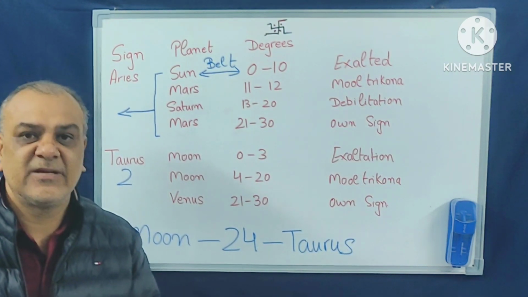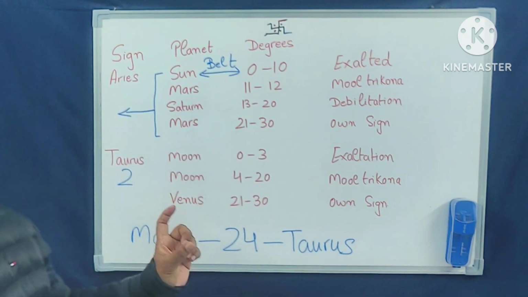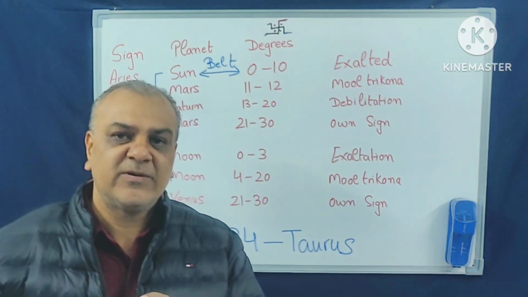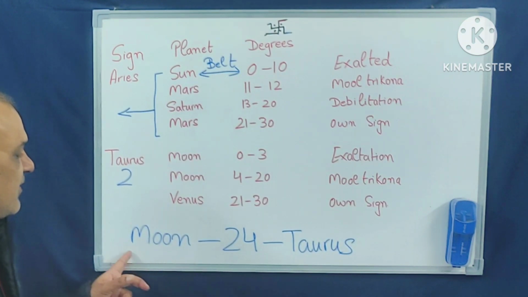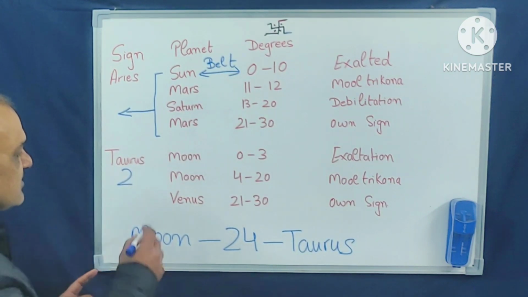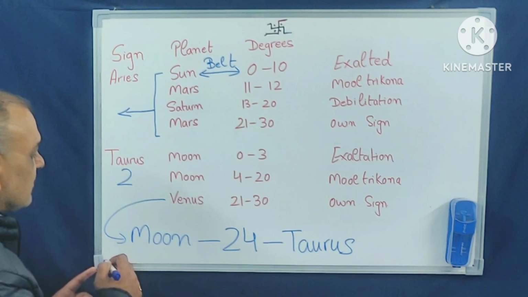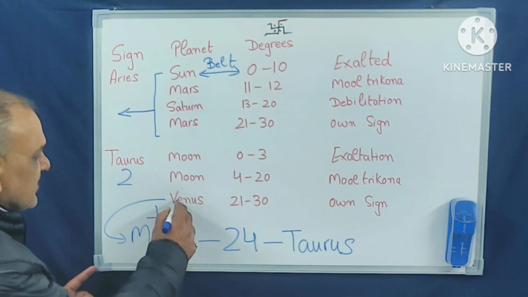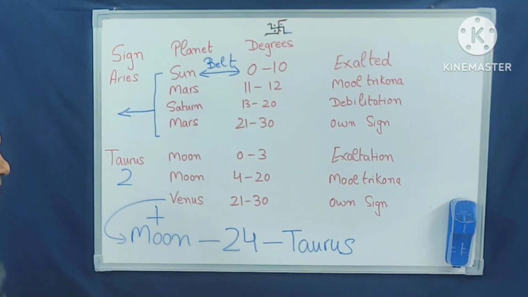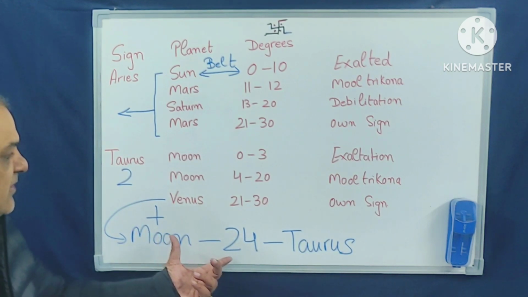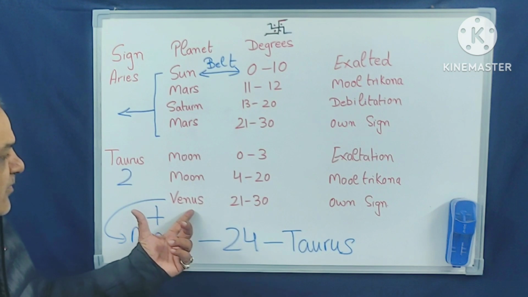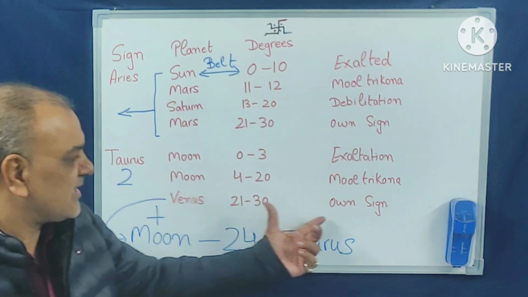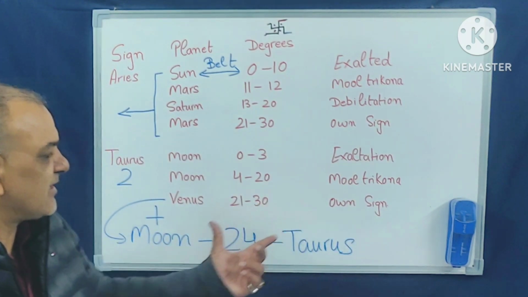This is the first statement you need to make when you see the placement of the Moon in Taurus and you see the degrees of that planet. This Moon will carry the qualities of Venus. So the combination is here of Venus and Moon, because 21 to 30 degrees is the belt of Venus and it is in its own sign.